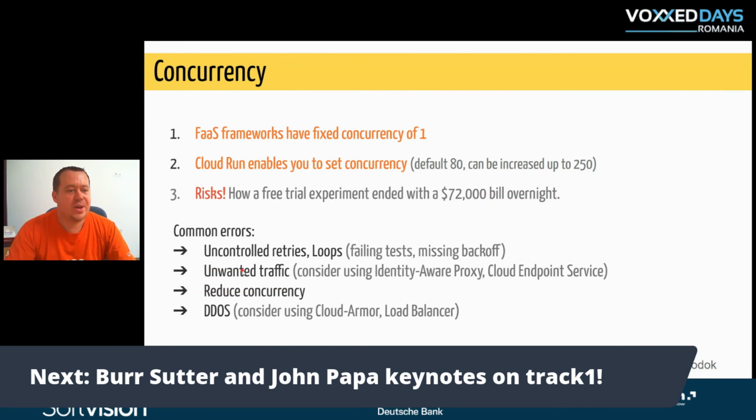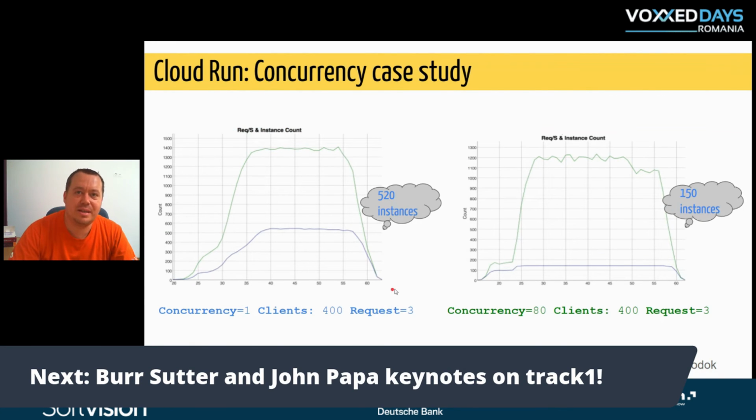Good. A common error is unwanted traffic, where you have reduced concurrency, and you have DDoS problems, errors that could happen on your interface. So working with concurrency is helpful, and you need to build out all the safeguard settings for this. This means that you need to set your concurrency level carefully, because for example here you have concurrency 1 and 400 clients with 300 requests, and you get 500 instances started.